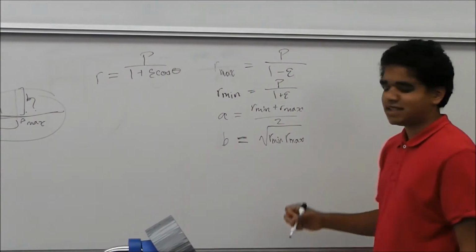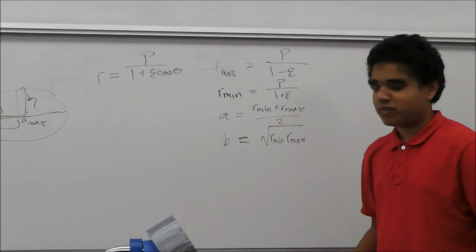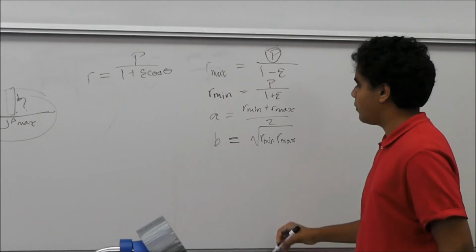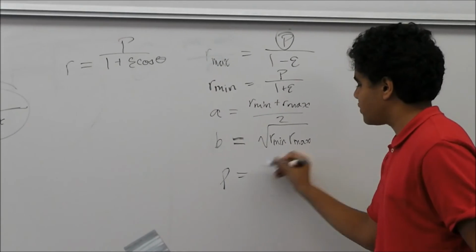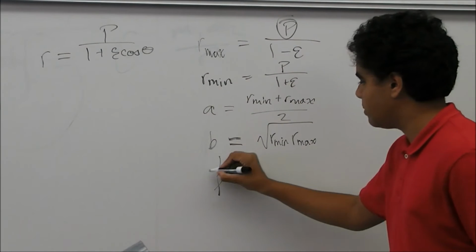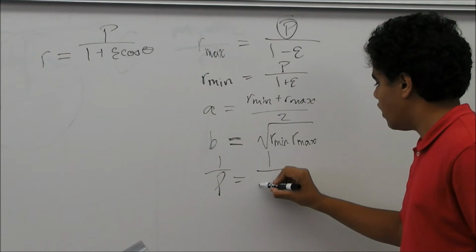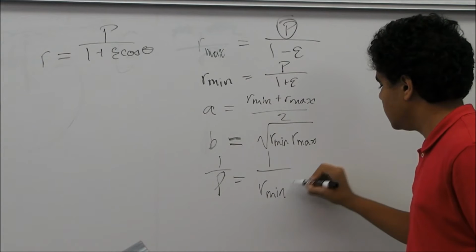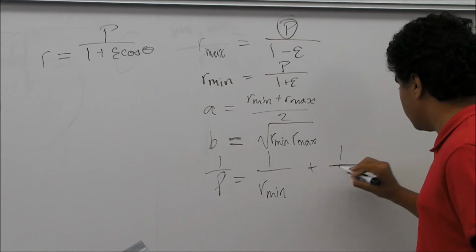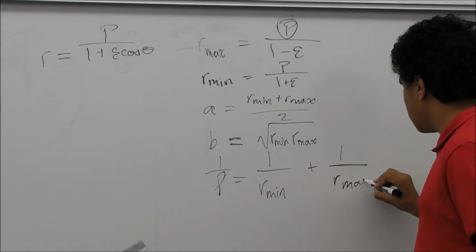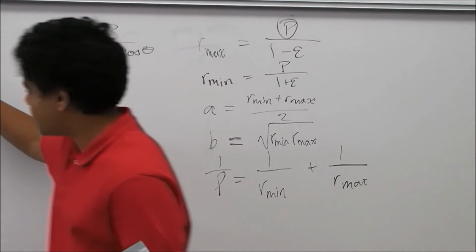And then of course we have the semi-latus rectum, which is P. So P is the harmonic mean, which means that 1 over P equals 1 over r min plus 1 over r max. And this is this distance here.